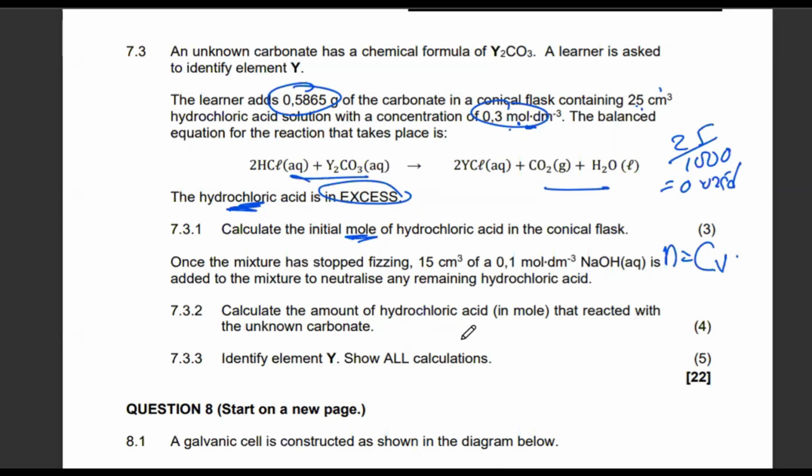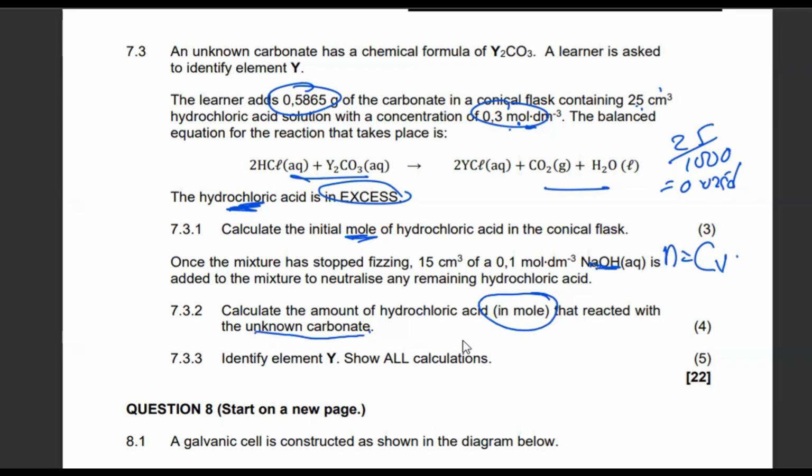So in this case, we are looking at the amount. They are saying calculate the amount of hydrochloric acid in moles, meaning that you're looking for the moles that reacted with the unknown carbonate. So I need to know how much reacted with the sodium hydroxide.